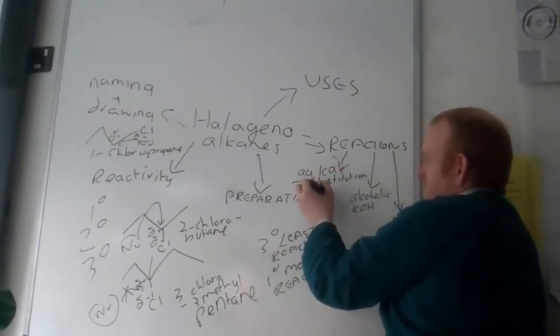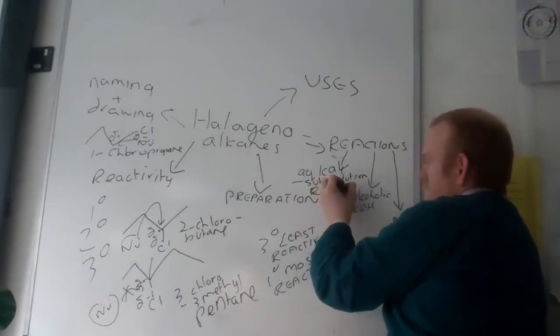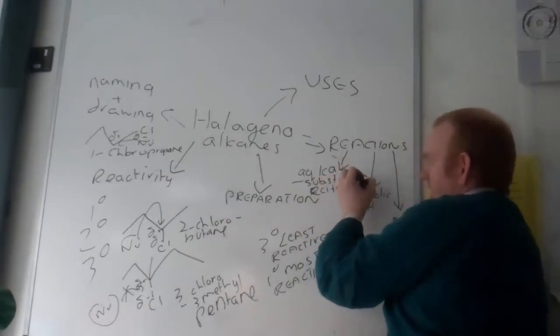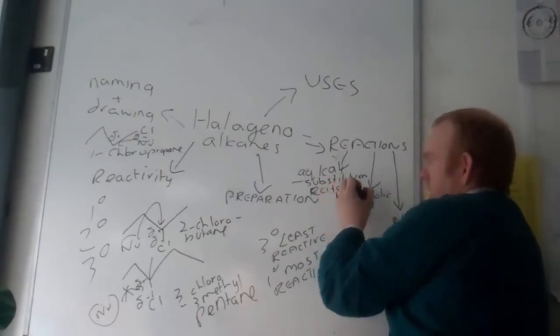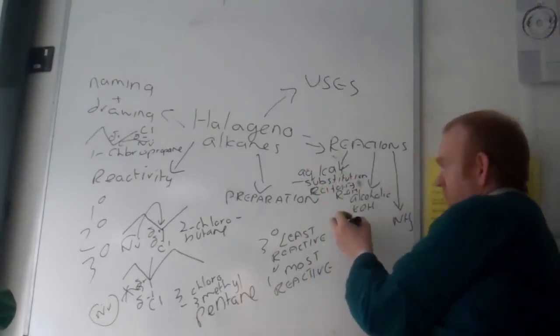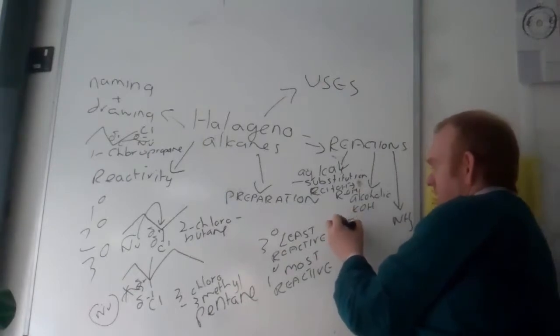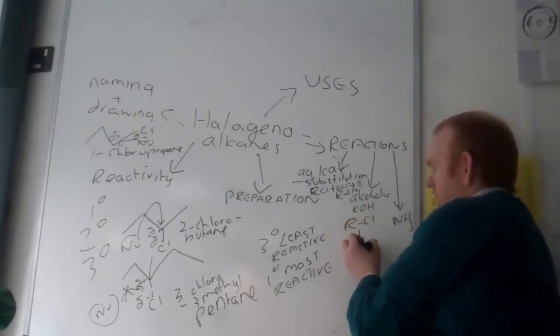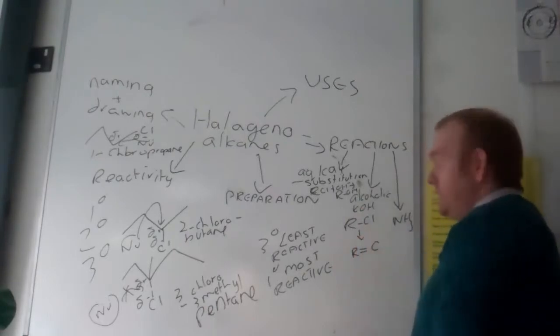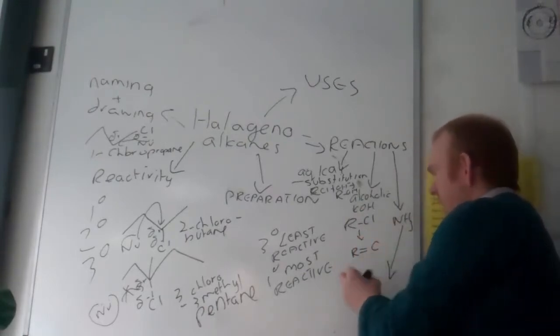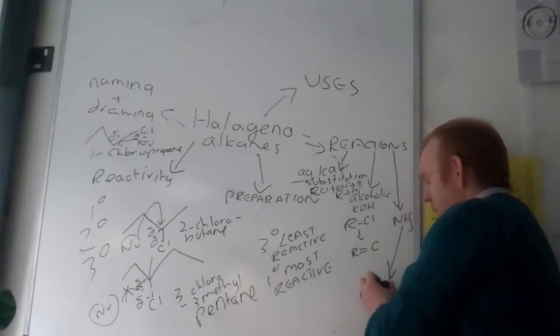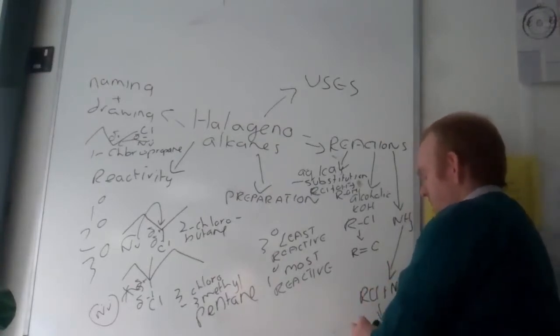So I'm replacing my Cl minus with OH. In alcoholic potassium hydroxide, I get elimination. So if I start off with my RCl, I make a double bonded compound. Okay, and in ammonia, I get substitution. So if I'm starting off with RCl and adding ammonia, I end up with an amine.